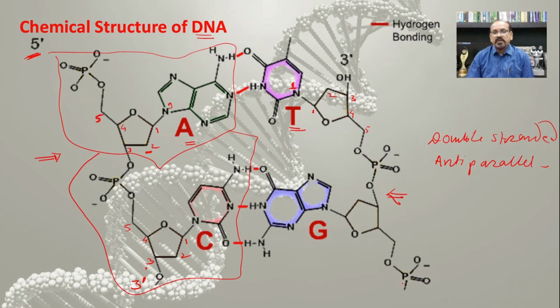Here again there will be the 5 dash, as this one is the fifth carbon, and here 3 dash as it is a third carbon. So here we have 3 dash, here 5 dash, and here 3 dash, and here the 5 dash. The 3 dash and the 5 dash are given on the basis of the number of the carbon facing that particular side, and hence it is known as antiparallel.